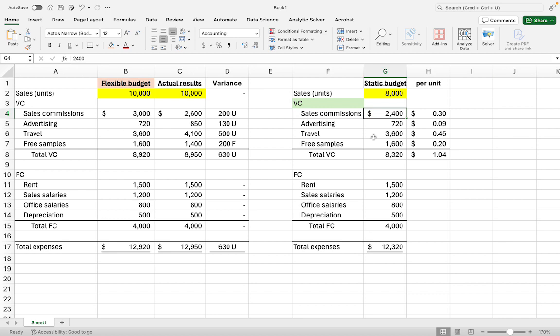So in order to get an accurate comparison as to how well Joe was really controlling the cost, the first thing we need to do is set up a flexible budget where the units are equal to the actual results, and then recalculate the variable cost based on the per unit data.